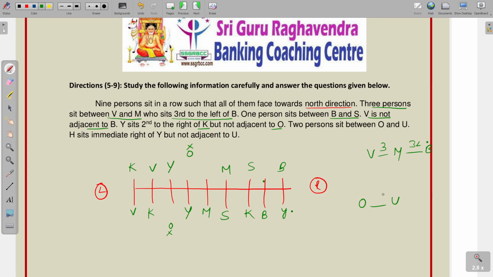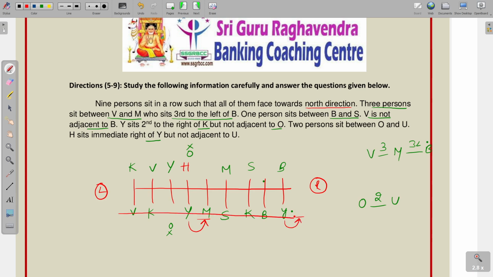So, between O and U there are 2 persons, and H sits immediate right of Y, but not adjacent to U. So, Y here and H is the immediate right of Y. In the second possibility we do not have any place to fix H here, and also we don't have any place to fix H here.